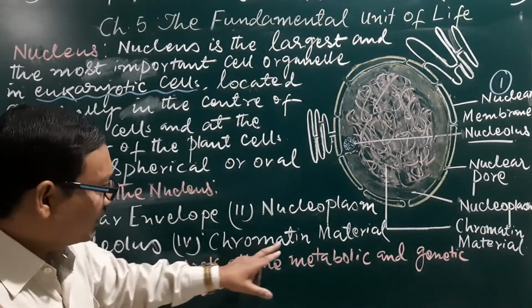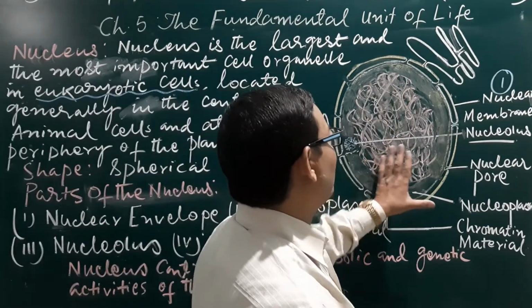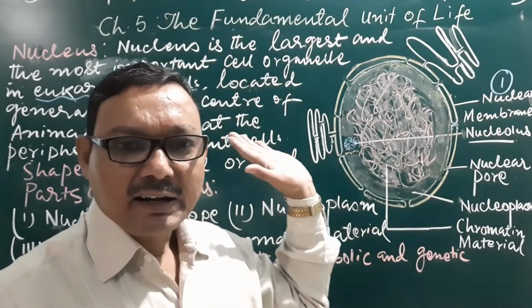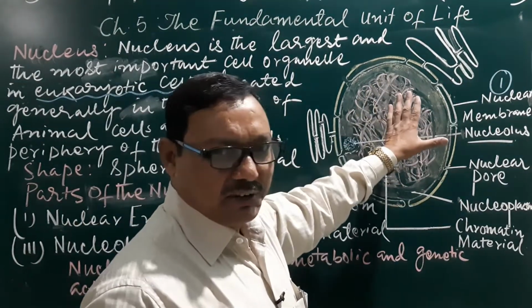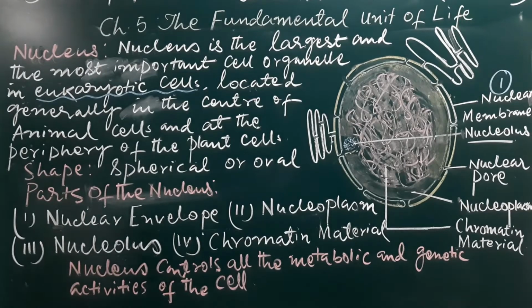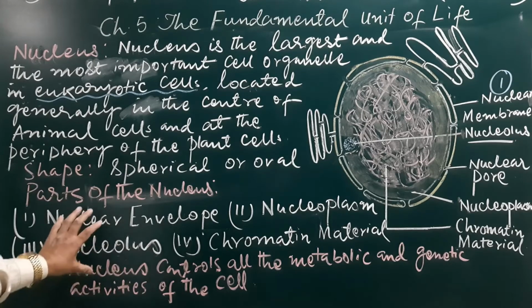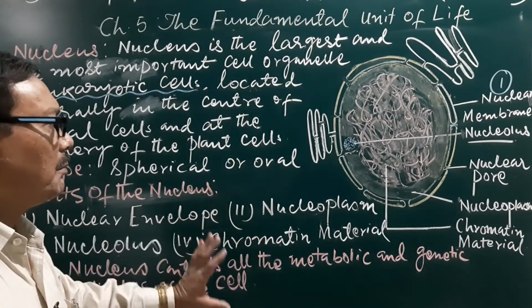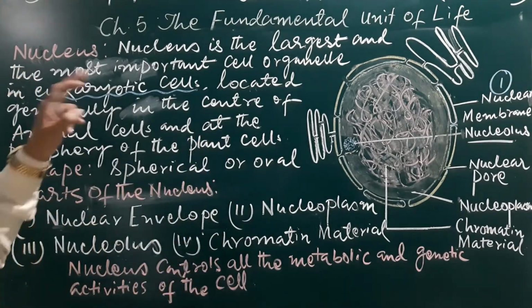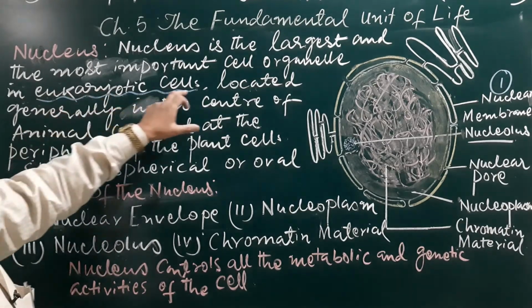And the fourth important part is the chromatin material, comprising the chromosomes and the genes, that is the DNA and other proteins. Now you have understood that there are 4 important parts of the nucleus. Depending upon these 4 parts, this is a well-defined nucleus, and it is only present within eukaryotic cells and eukaryotic organisms.